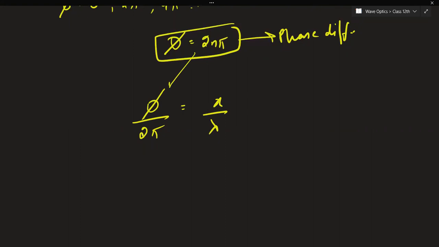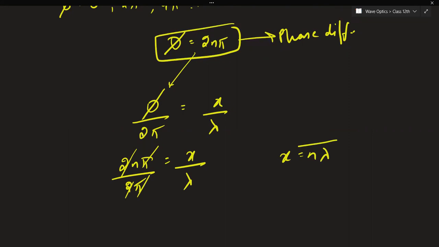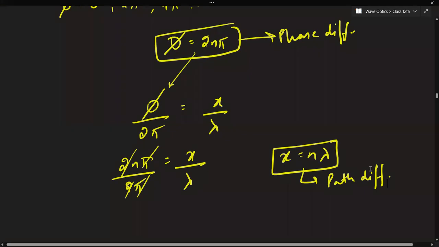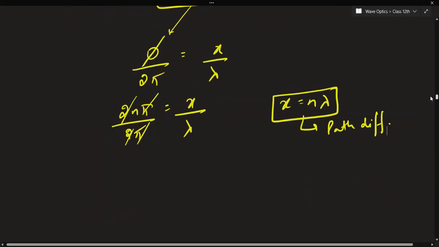So put in the value of phi from here. 2n pi by 2 pi is equal to x by lambda. So 2 pi gets cancelled, x equals n lambda. N lambda is the path difference now. If you specifically have bright fringes, see number of fringe that is formed, 1, 2, 3, whichever, put the value of n according to the number of fringe and calculate anything you want.